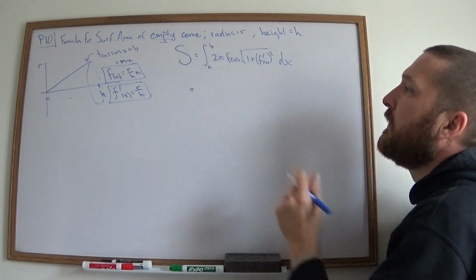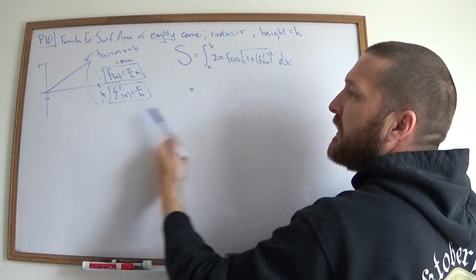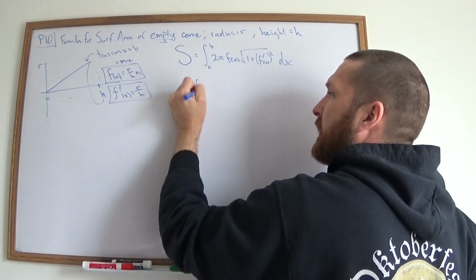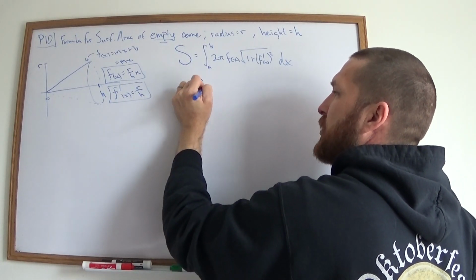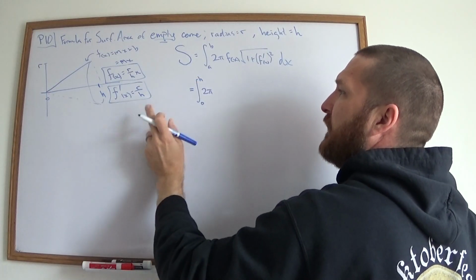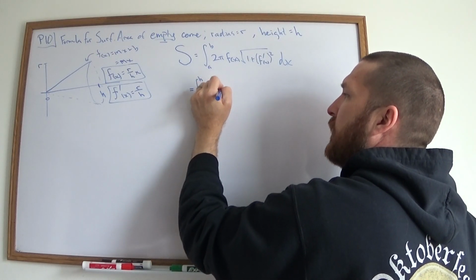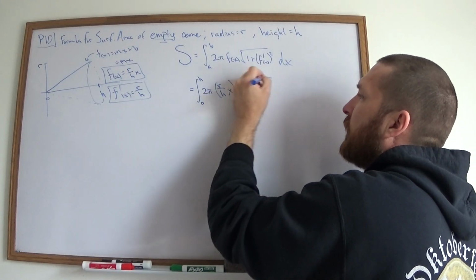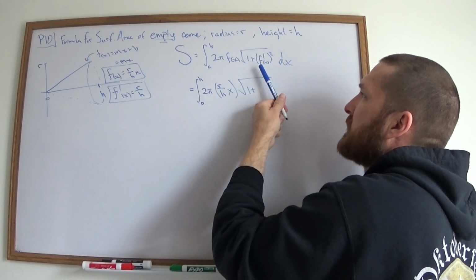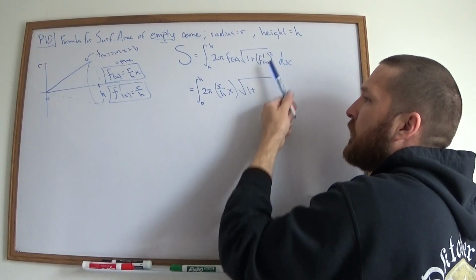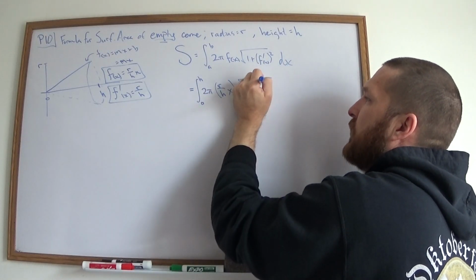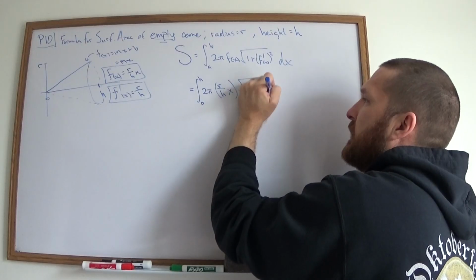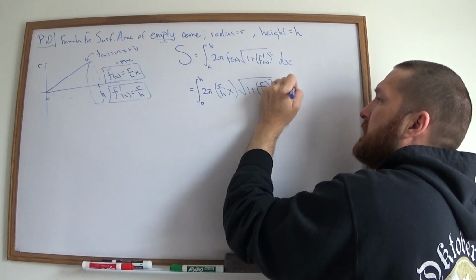So, okay, let's plug all that stuff in. A to B is 0 to h, going from 0 up to h. 2 pi, f of x is r over h x. The square root of 1 plus f prime squared. f prime is just r over h, and then we square it, dx.